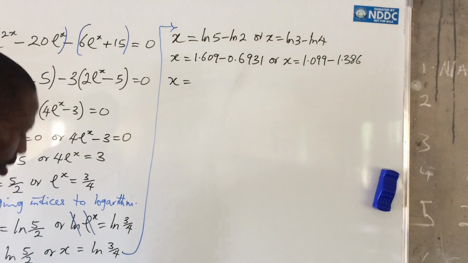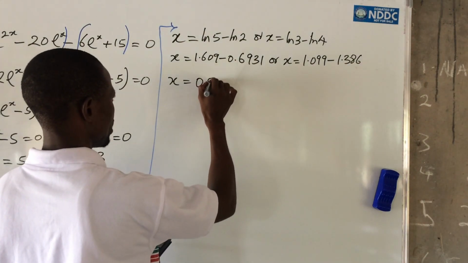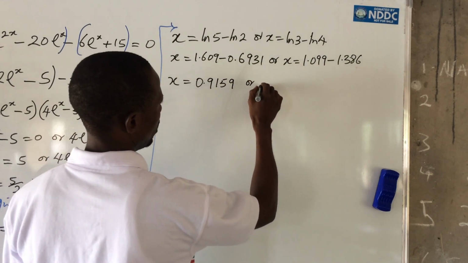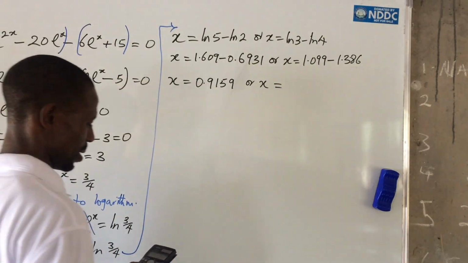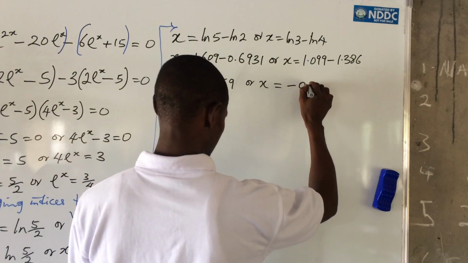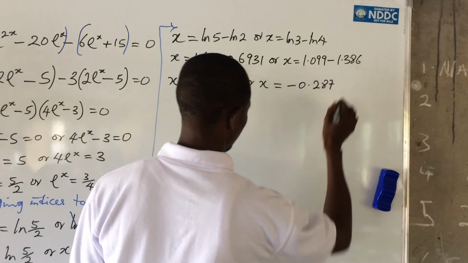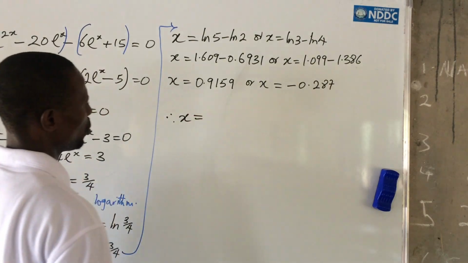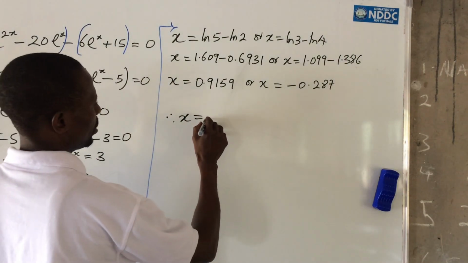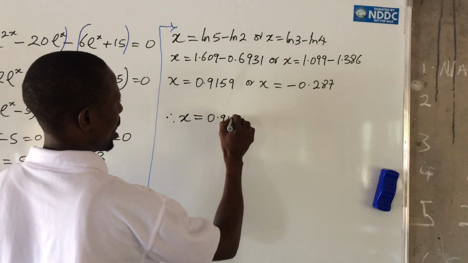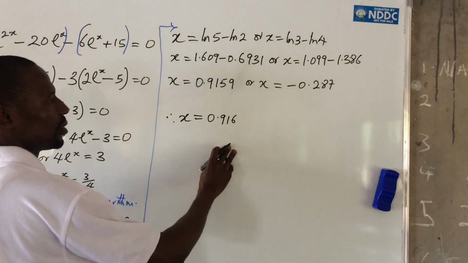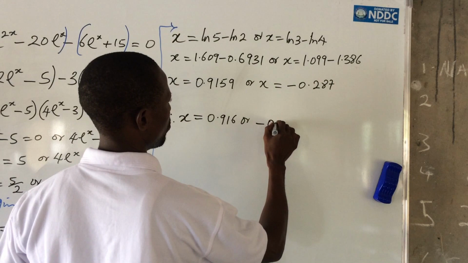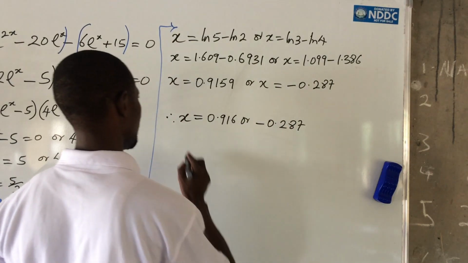If we carry out our subtraction, this will give us here 0.9159, or x is equal to, that will give us minus 0.287. All right, so therefore our x is equal to 0.916 to 3 decimal places, or minus 0.287.